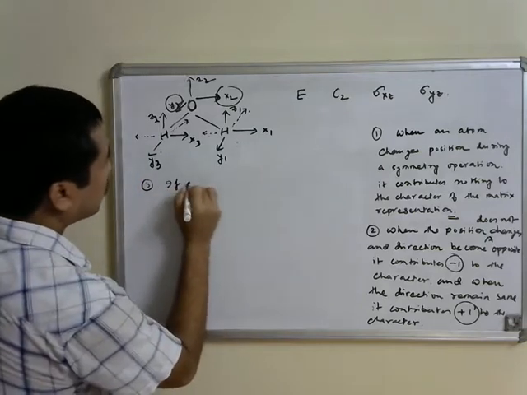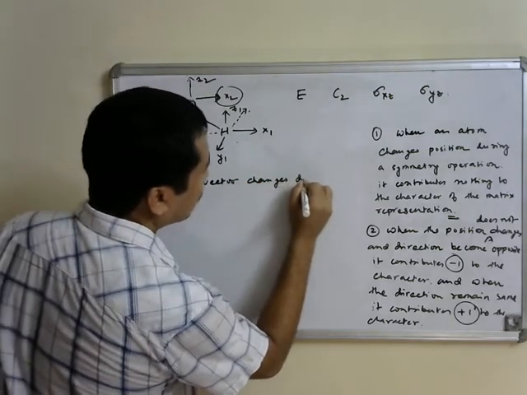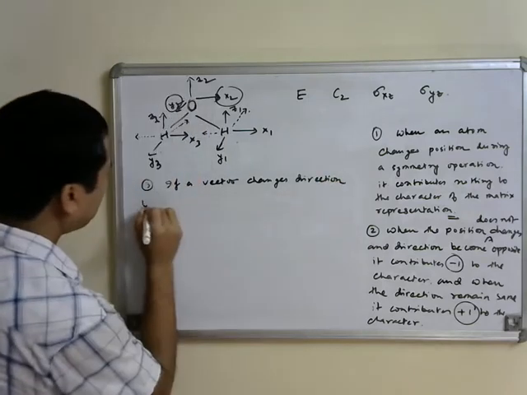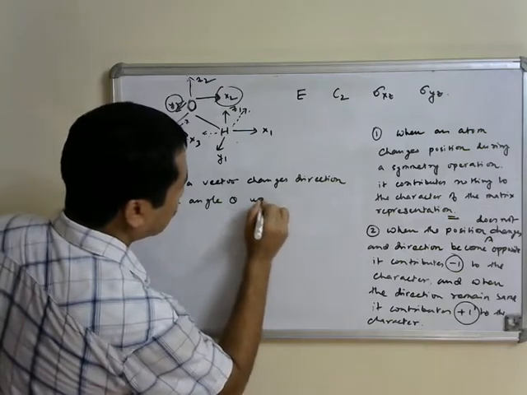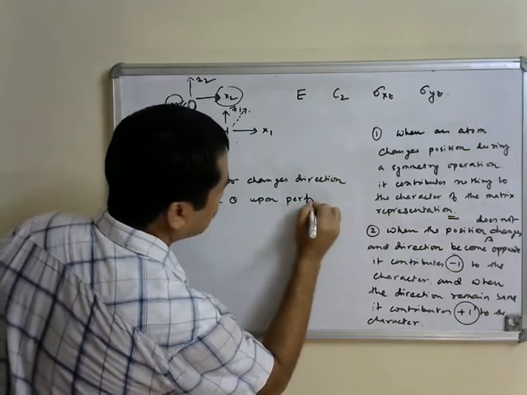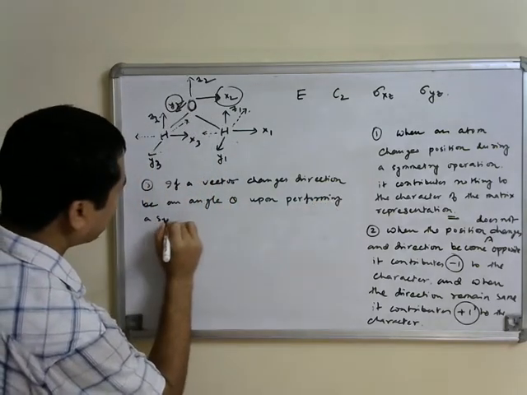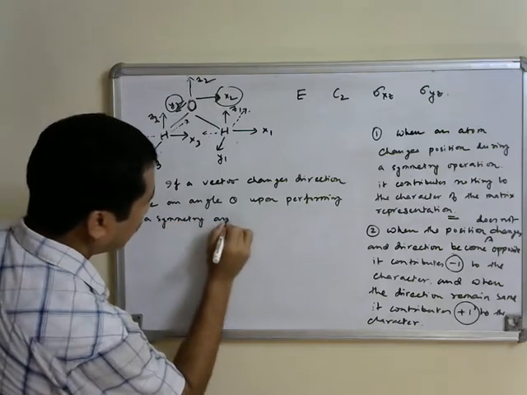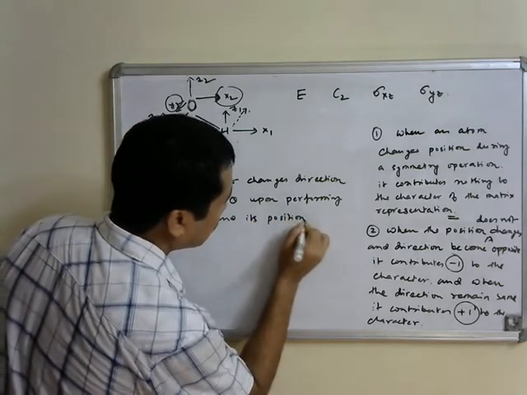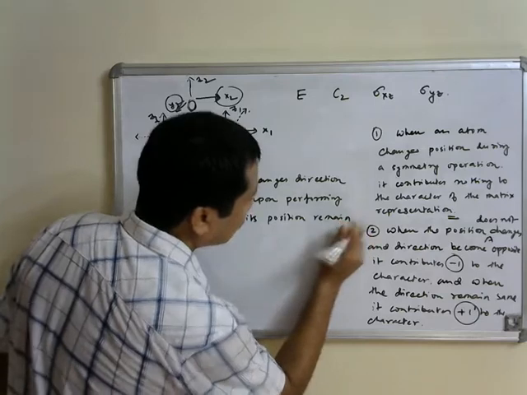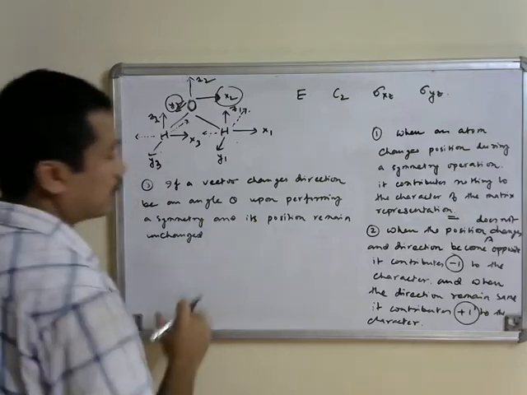So if a vector changes direction by an angle theta upon performing a symmetry operation and its position remains unchanged, that must be fulfilled, because otherwise it is going to contribute 0 if the position changes.